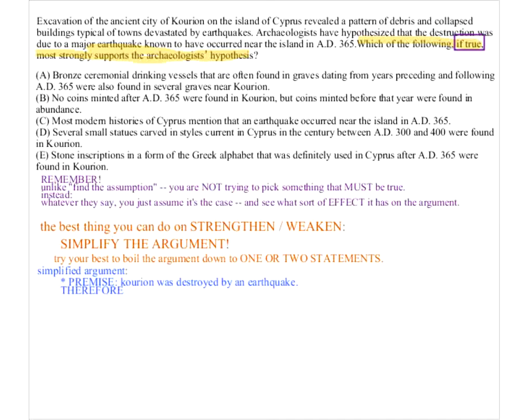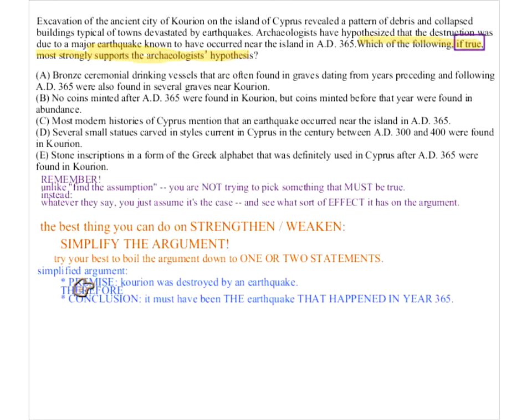Therefore, conclusion, it must have been the earthquake that happened in year 365. Everybody give me a smiley face if you follow this boiled down version of the argument, because there's a lot of words here, but that's effectively all this says.